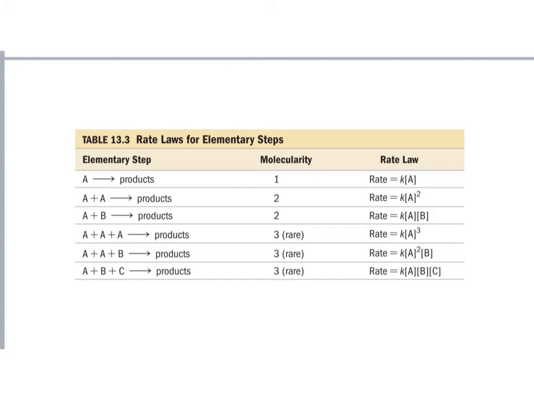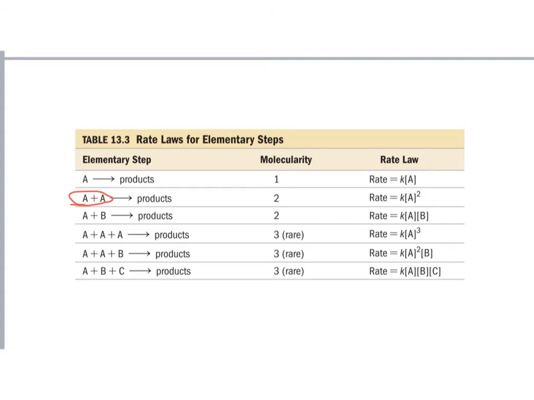Again, focusing on these rate laws, look at this table that describes rate laws for these elementary steps. If you have an elementary step where you've got one reactant going to products, the rate law is rate equals k times the concentration of A. If you've got two A's going to products, the rate is equal to k times the concentration of A squared.